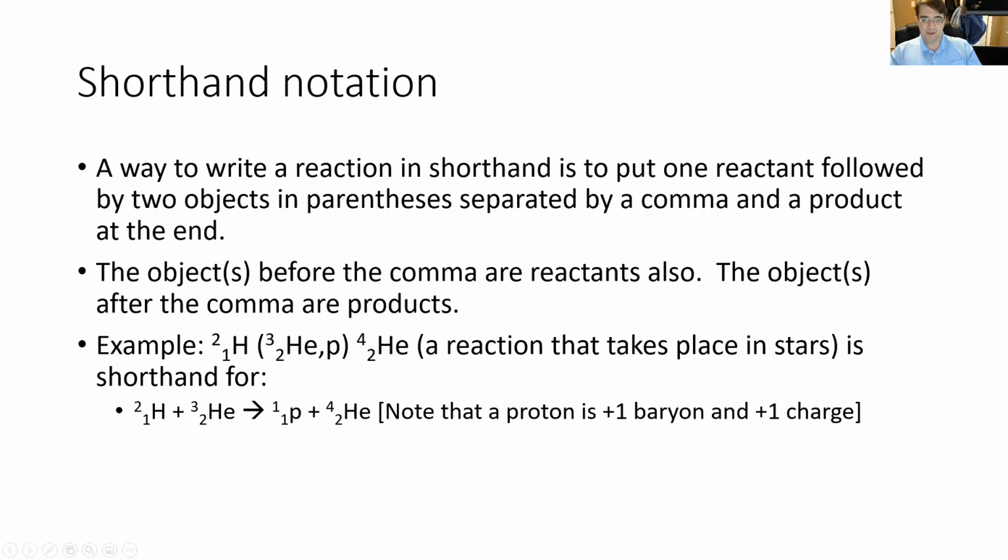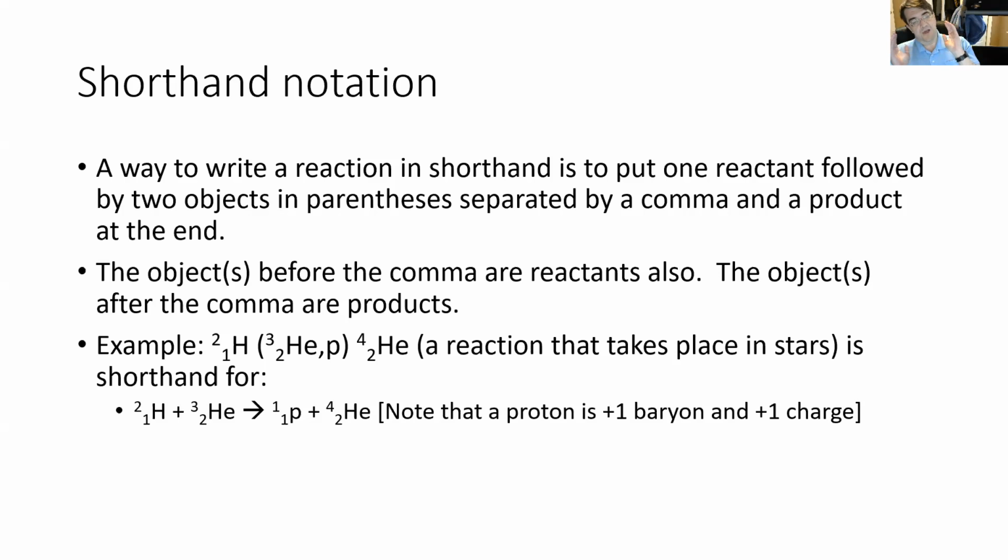Next thing we'll look at is writing these in a shorthand. To write a shorthand reaction, you put one reactant, and then in parentheses, the first object is effectively what you hit it with. There's a comma, and then one or more particles may come out inside the parentheses, and then you have another thing afterwards.